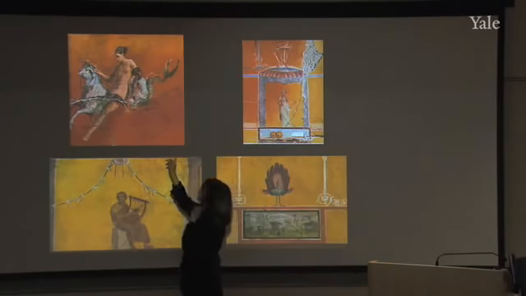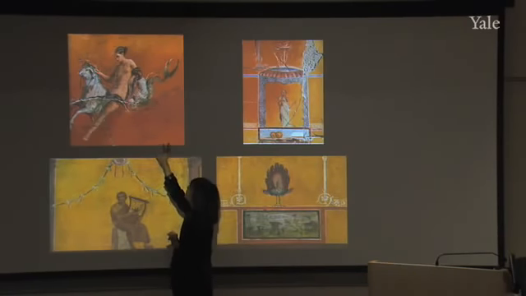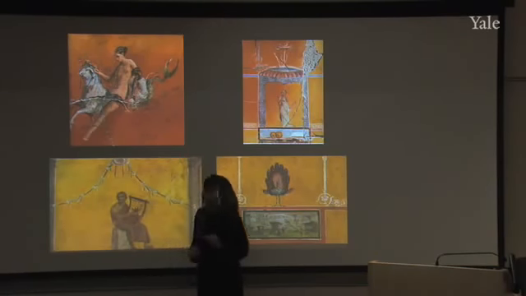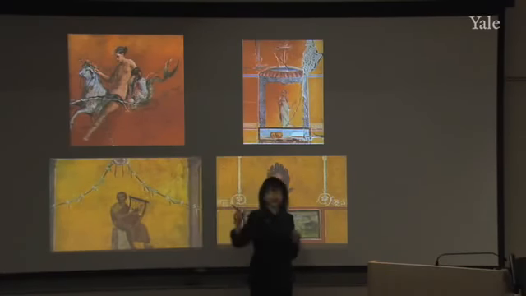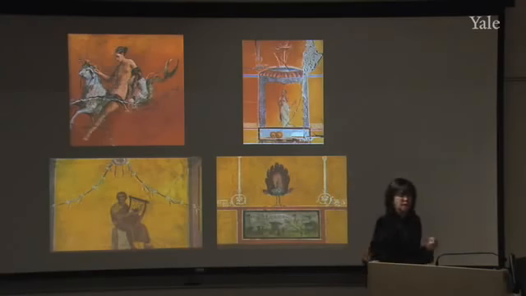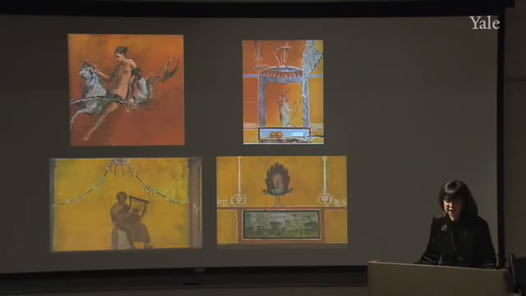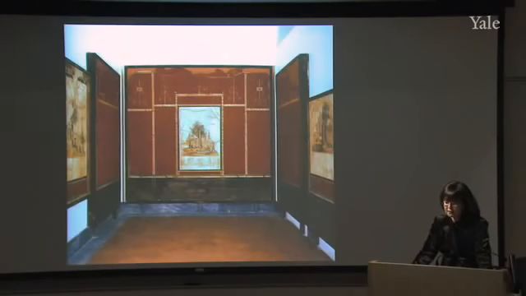In this case, a mostly nude female figure who is riding, as you can see, on the back of a bull. At least the front of the animal is a bull, and you can see the back of the animal has a fishtail, so it's a kind of bull-like sea creature, as you can see here.